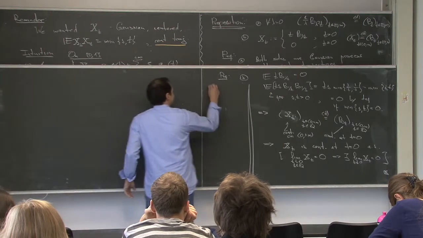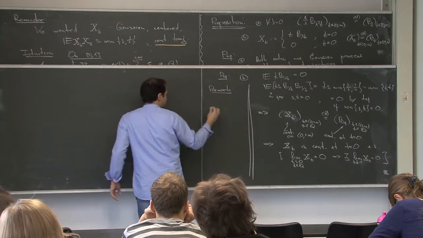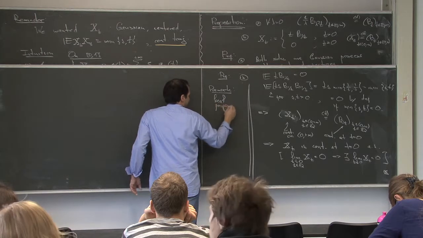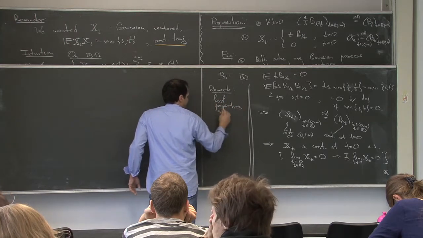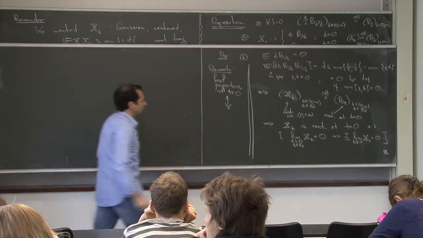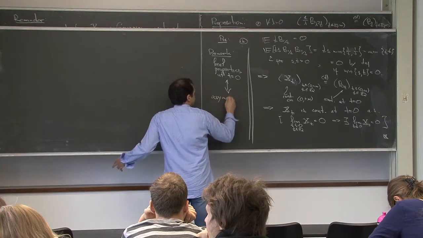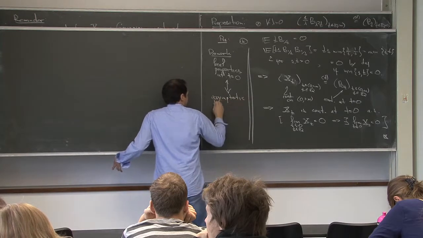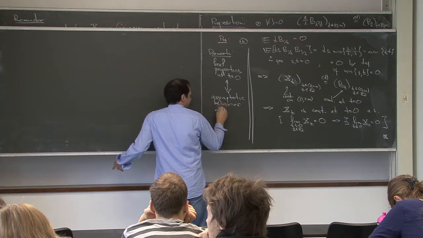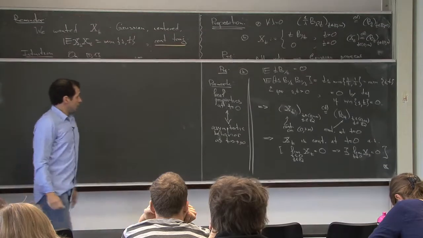So the remark is that local properties at 0 are in one-to-one correspondence with asymptotic behavior at infinity. Good.